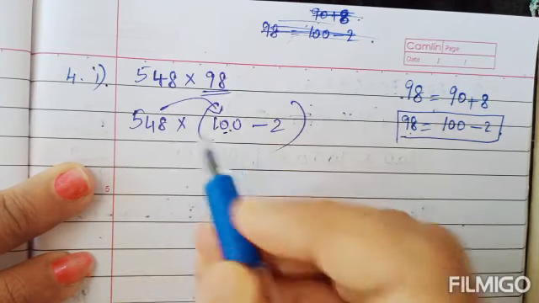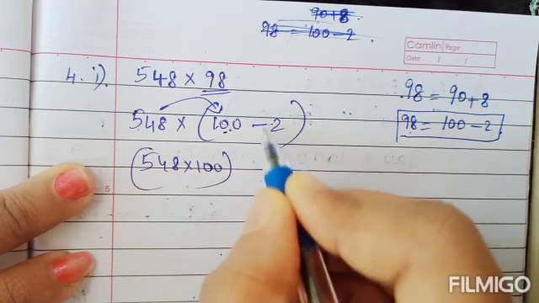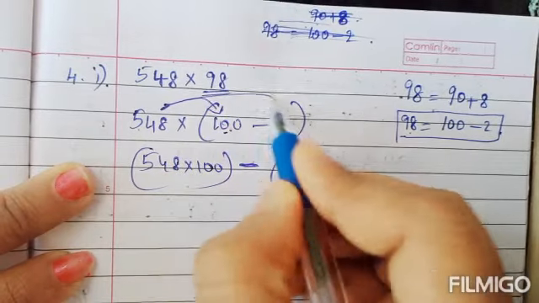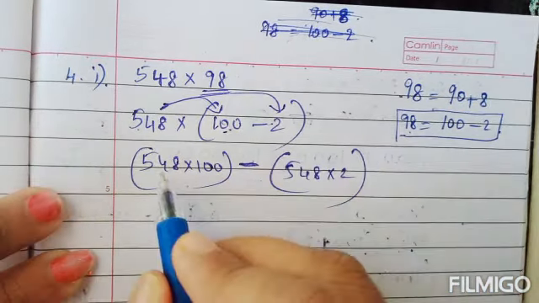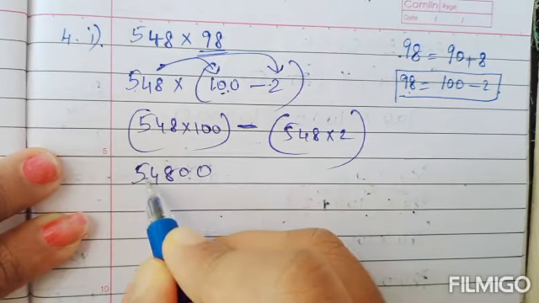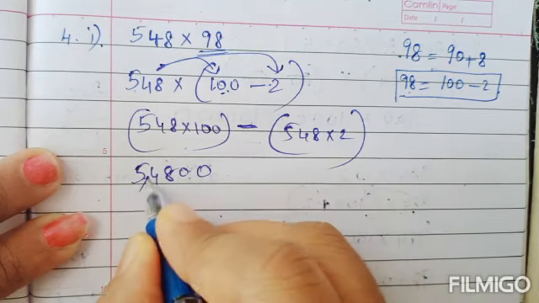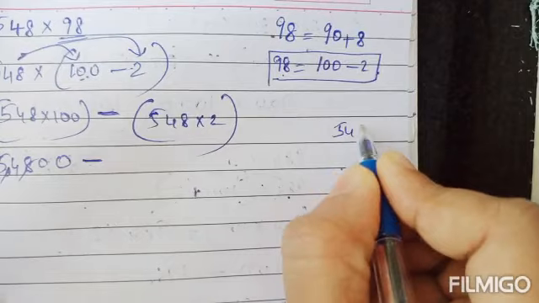Now using distributive property, 548 into 100, sign is minus, 548 into 2. Okay, now 548 into 100, 54,800. 54,800 minus 548 into 2.